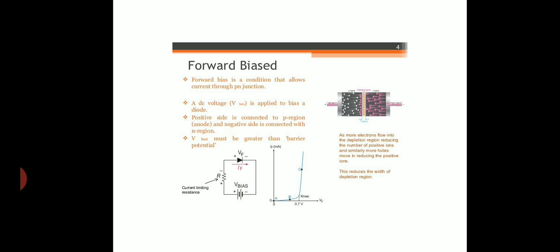So forward bias is the condition that allows current through the PN junction. A DC voltage is applied to bias a diode. Positive side is connected to P region, anode, and negative side is connected with N region, cathode. So V bias must be greater than the barrier potential.